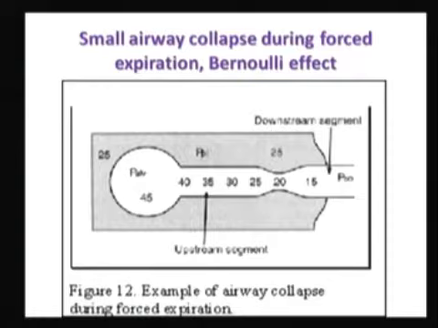When we do an expiration in the human airways, we will have a compression or a collapse dependent on the flow of the air going out from the alveoli. If this is the alveoli and we do an expiration, at a certain place there will be a compression or a collapse in the airways.